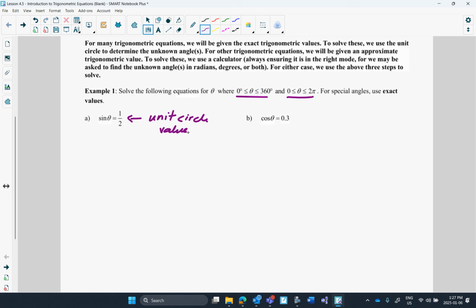And basically, I ask myself this: what angles have a y coordinate, because it's sine, of 1/2 on the unit circle?